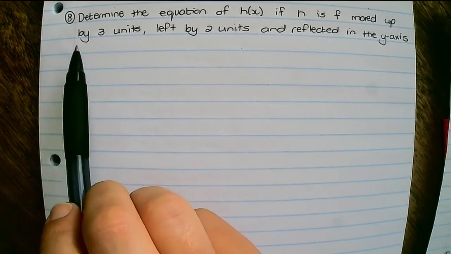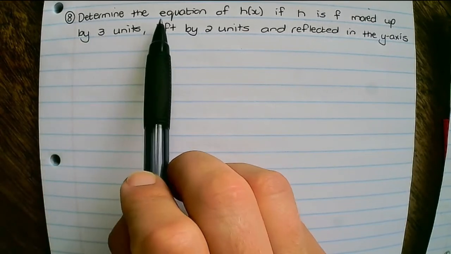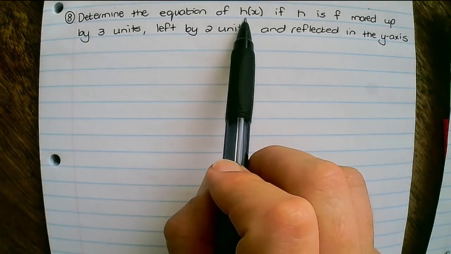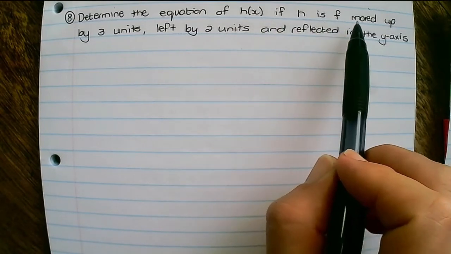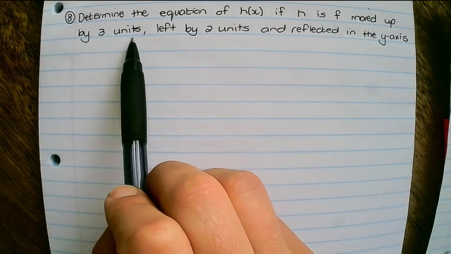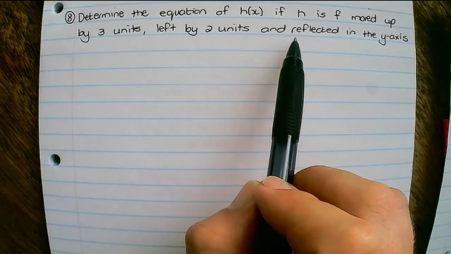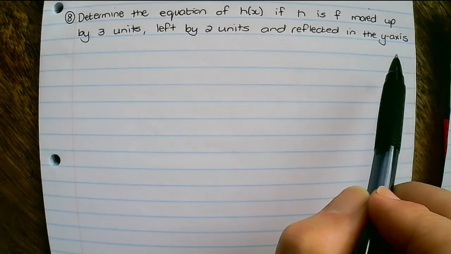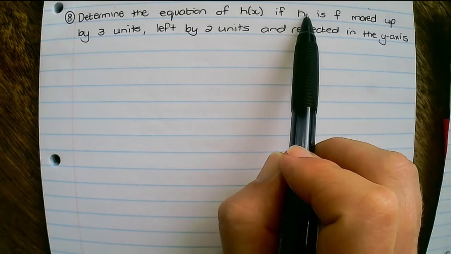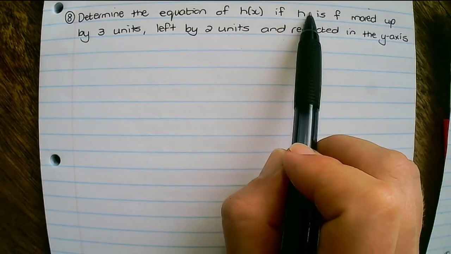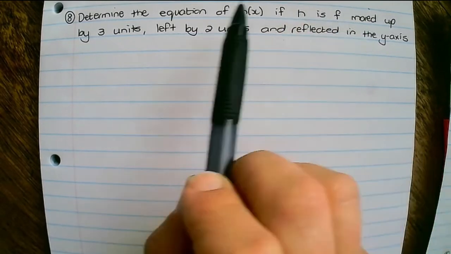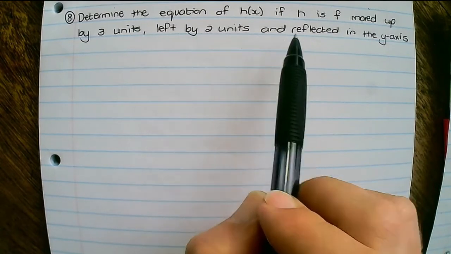And then our final question is determine the equation of h(x) if h is f moved up by 3 units, left by 2 units, and reflected in the y-axis. Now the easiest way to determine the equation of h is to apply these transformations one at a time.